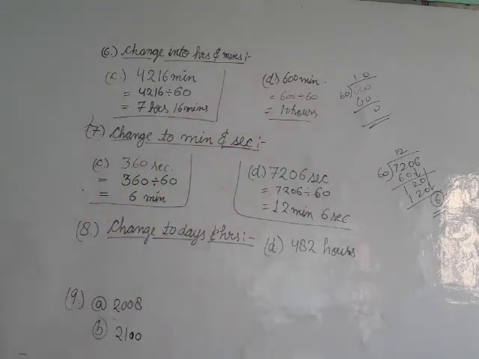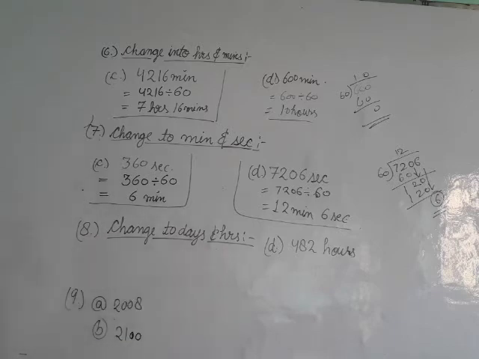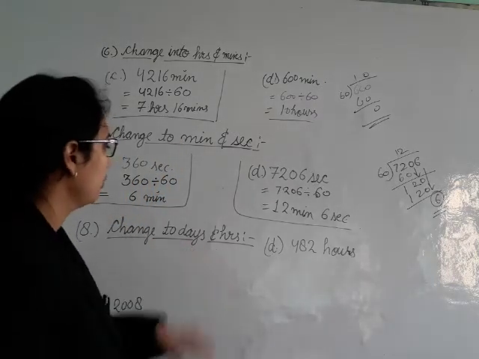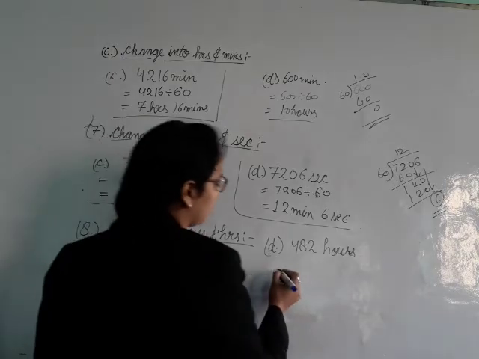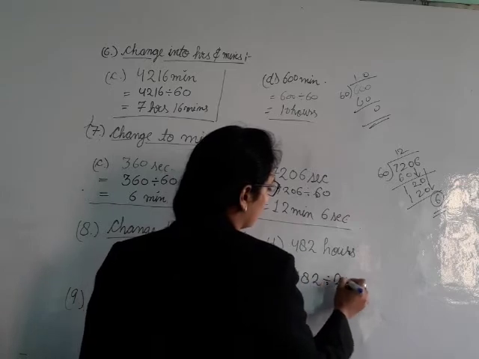Understood? Now coming towards our 8th question, change to days and hours. All parts are the same, that's why I have taken only one part. Here is 482 hours. And to change it into days and hours, what we have to do? We have to divide it by 24.